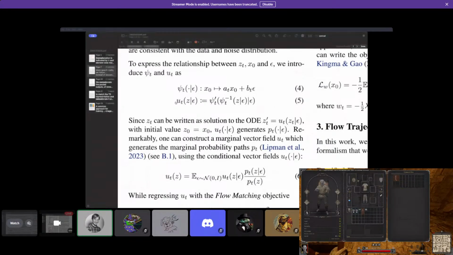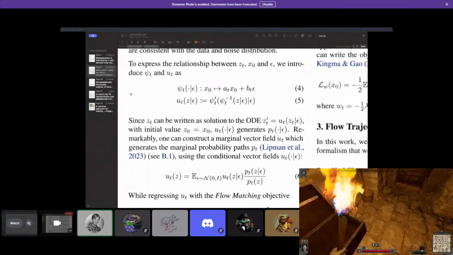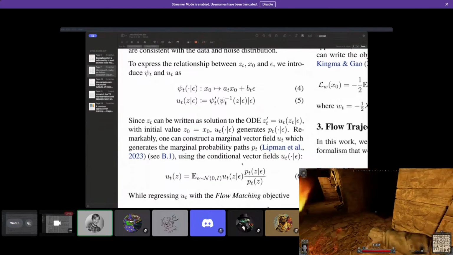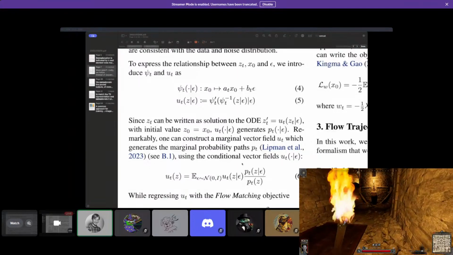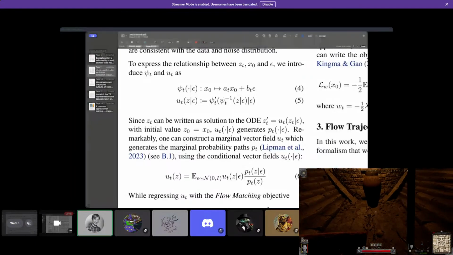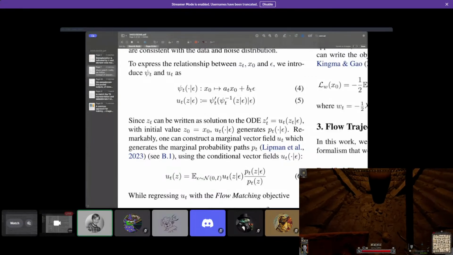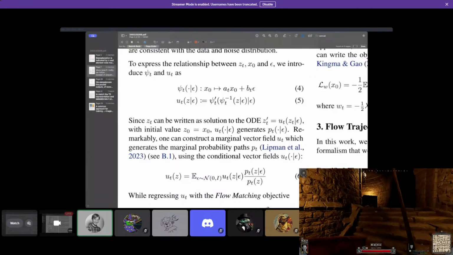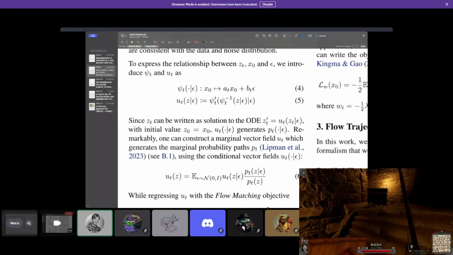What this effectively is, you go in your psi, you look backwards, what was the original x, and then you compute the gradient of that one. So effectively, this u_t is the gradient that this psi process would have at time step t.